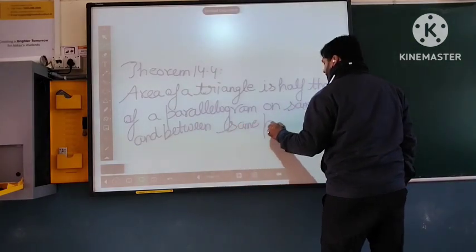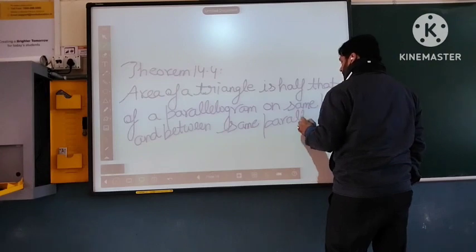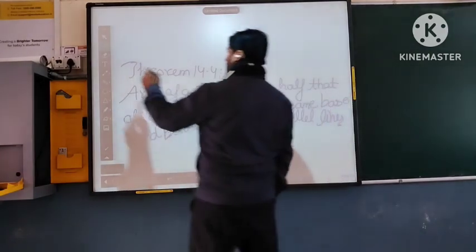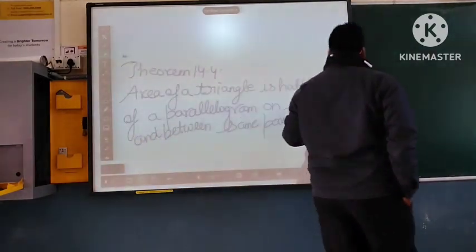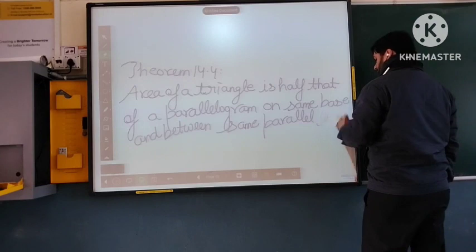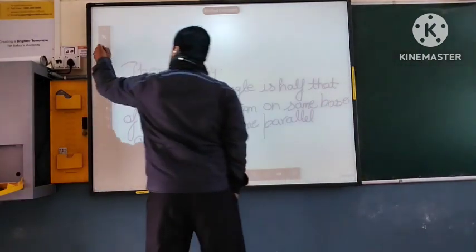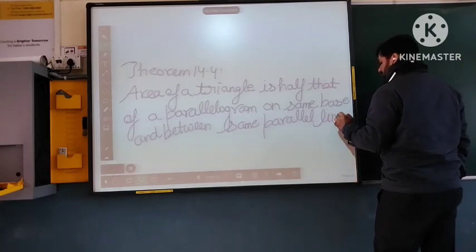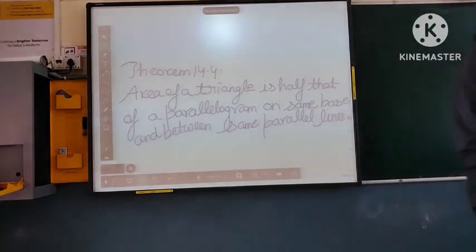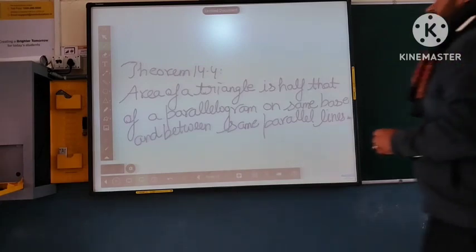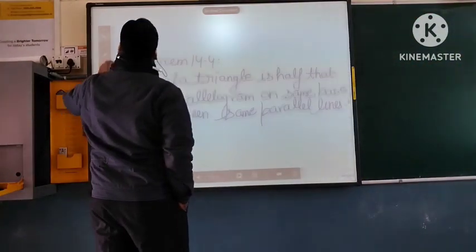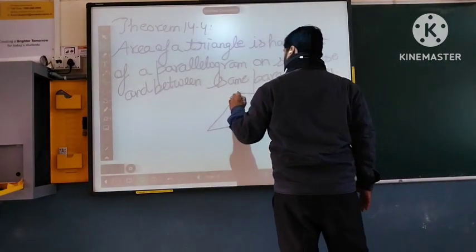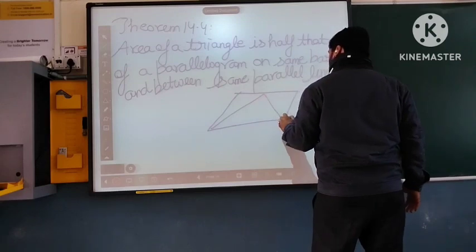So whatever triangle will come, that will be sharing the base, sharing meaning the same base as that of a parallelogram. The area of the triangle will be what? Half of that of the parallelogram. We have questions also based on this. Only the condition is the triangle should be between the same parallels of the parallelogram and it should be on the same base. Then the area of triangle equals what? Half of the area of parallelogram. See, I am drawing the parallelogram first, and see, triangle is drawn like this.